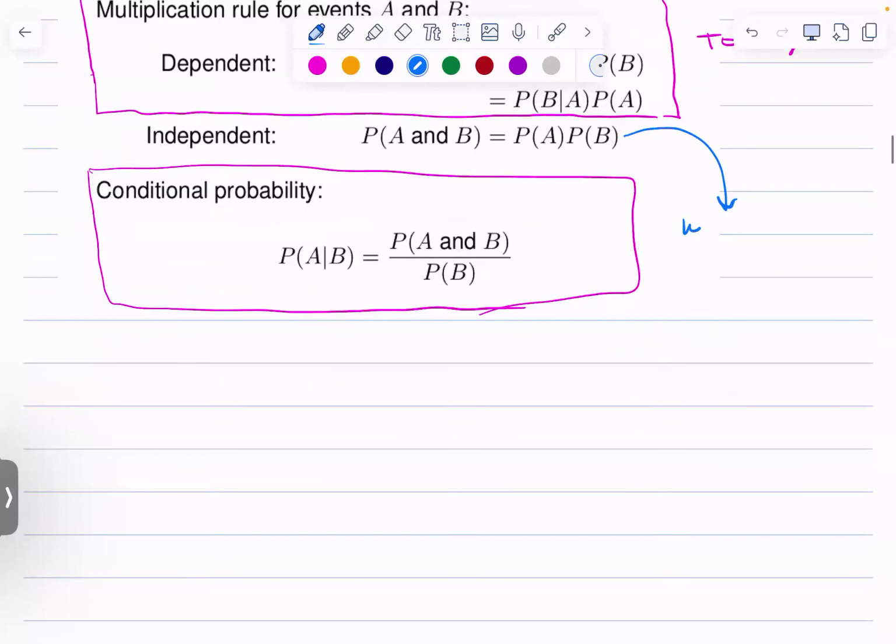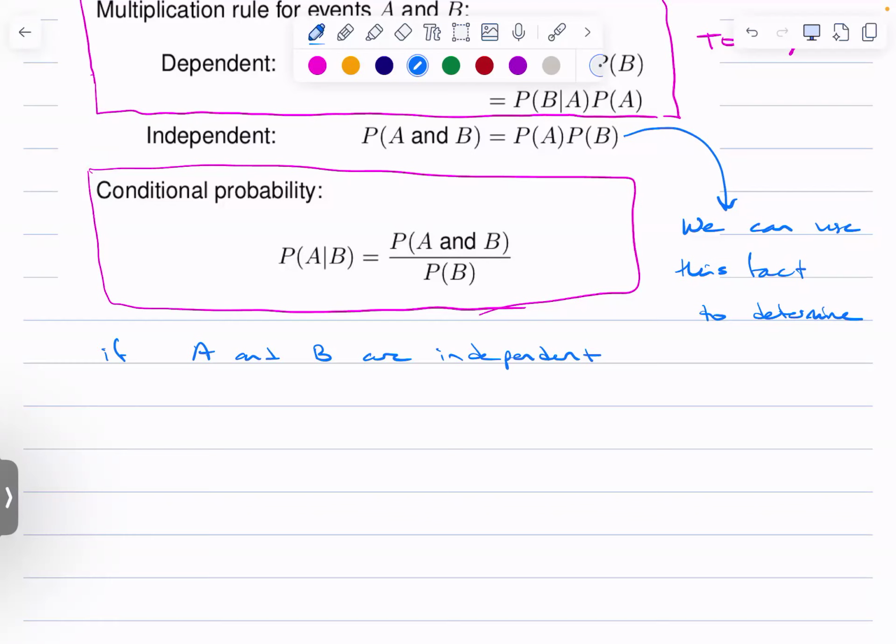So we can use this fact to determine if A and B are independent. You don't want to assume that these events are independent of each other.